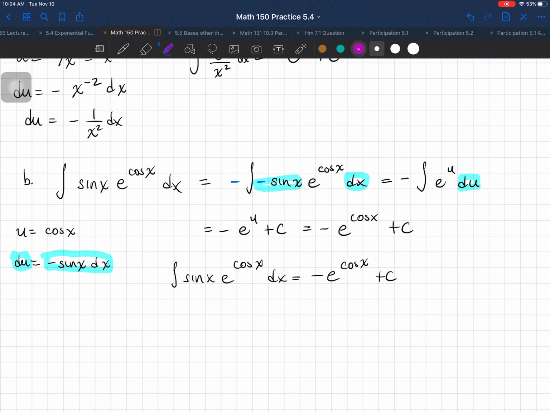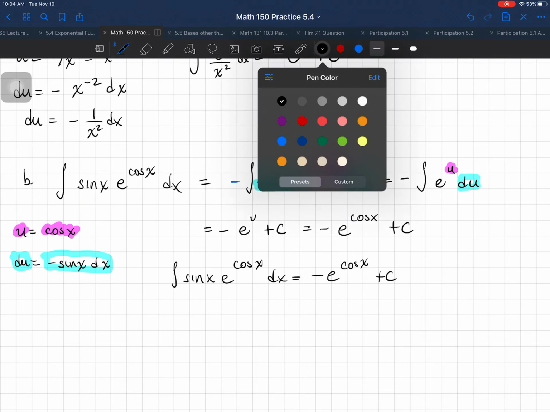And then cosine will be the u, and the minus in front of it needs to be carried over. That's now built into the problem. So the integral of e to the u will be e to the u plus c, carry the negative, and replace back your u in terms of x.